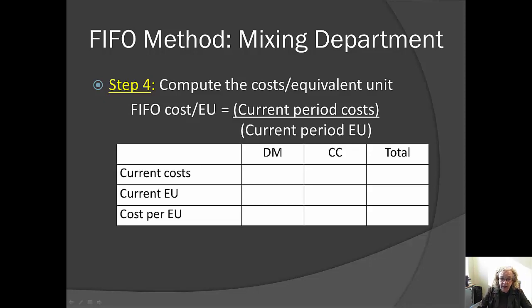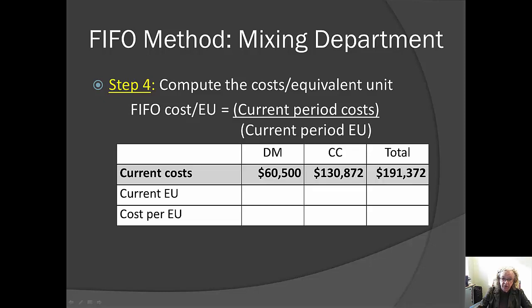Next, we need to figure out the cost per equivalent unit. In the FIFO method, we are going to treat old costs separately. So, to compute the cost per equivalent unit, we are only going to focus on new costs that were added in this period, and we're going to divide that by new equivalent units that were added in this period.